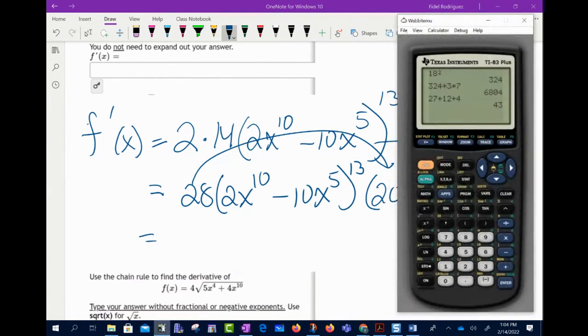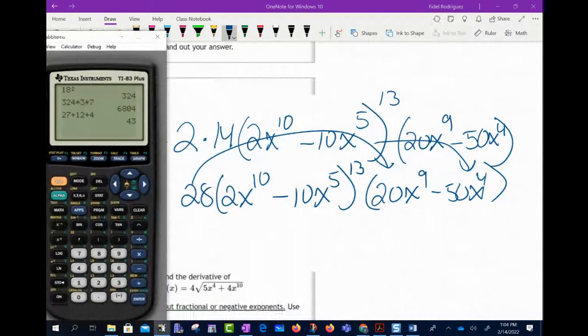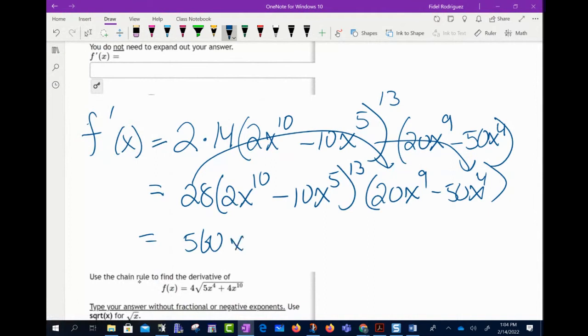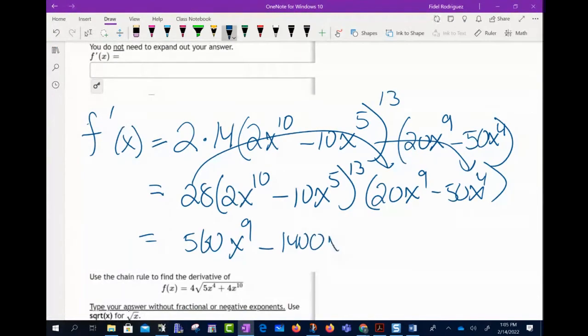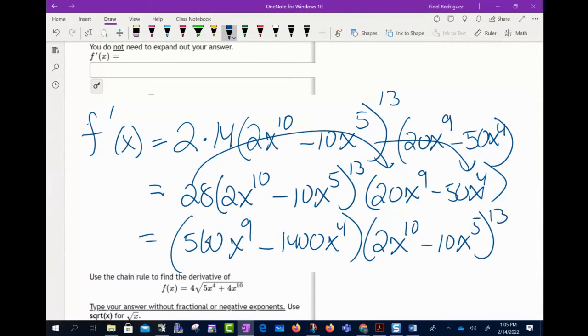So I might say, look, what's 28 times 20? 28 times 20 is 560. 560x to the 9th minus whatever 28 times 50 is. 1400x to the 4th. And all of that is still being multiplied by the 2x to the 10th minus 10x to the 5th, all raised to the power 13.